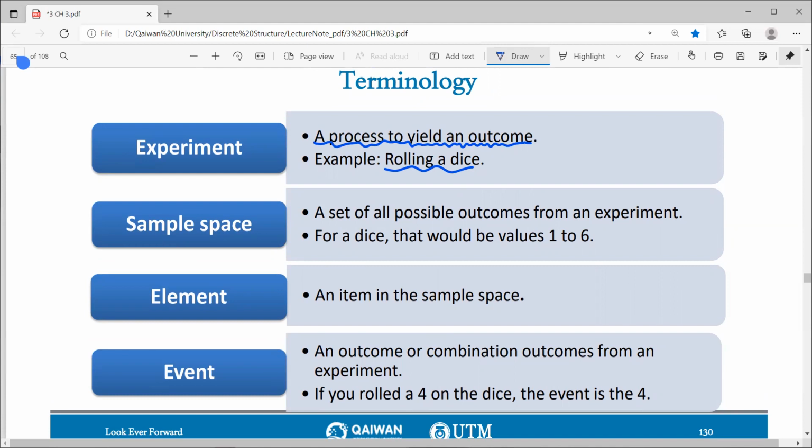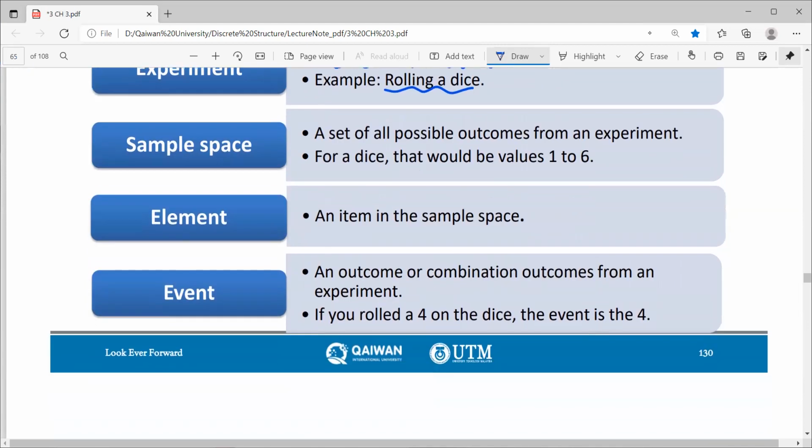Sample space is all possible outcomes. In rolling a dice, we have 1, 2, 3, 4, 5, 6. This is the sample space, all possible outcomes.